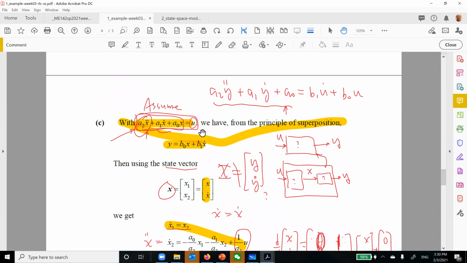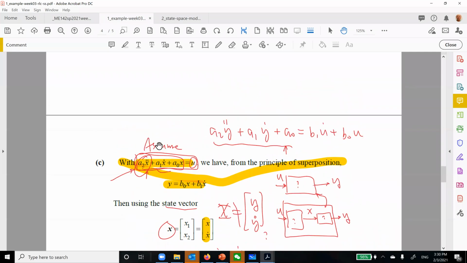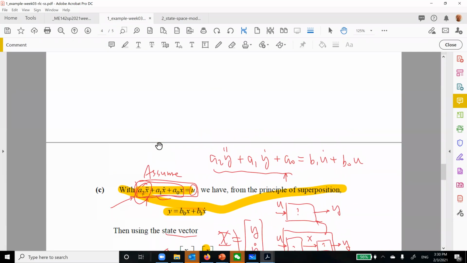Why we do this, assuming this way, then we do a state space for this, then y becomes the output equation. I think if you are really curious, I should tell you right now. In fact, if you know the transfer function, you know that this is input and output. What is the Laplace for this?